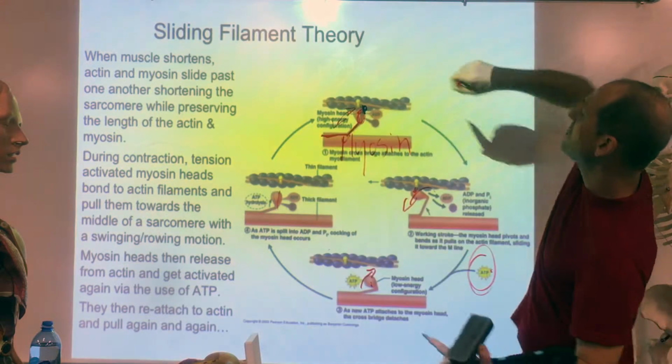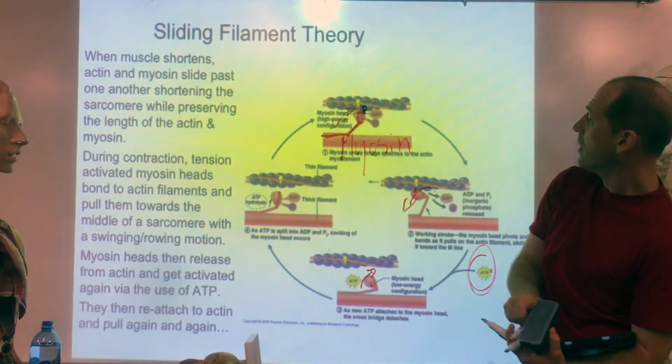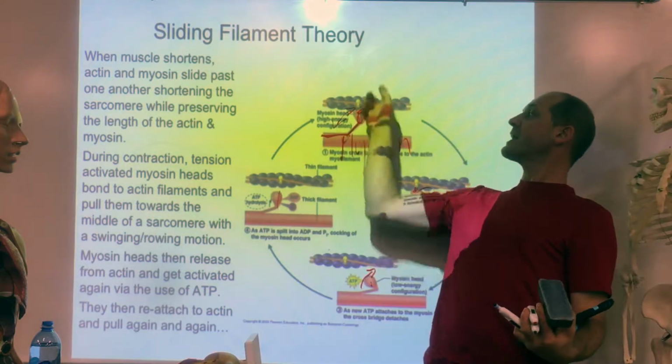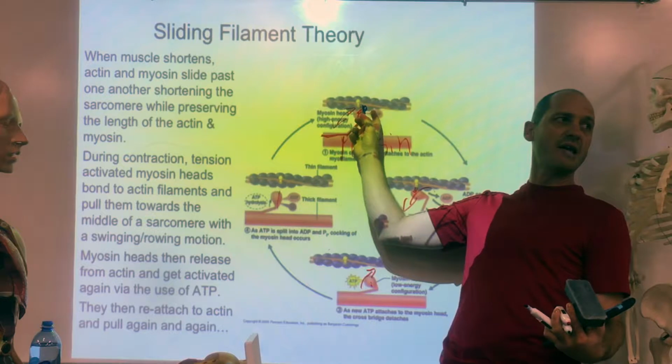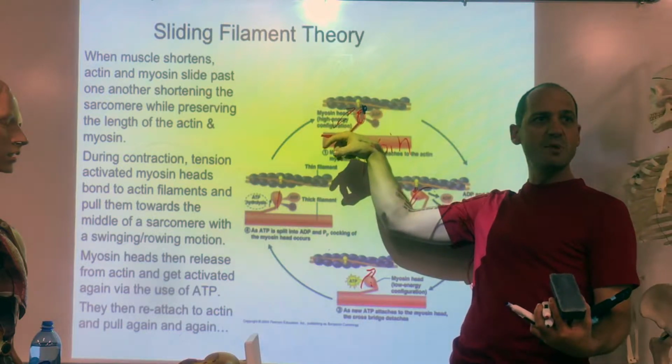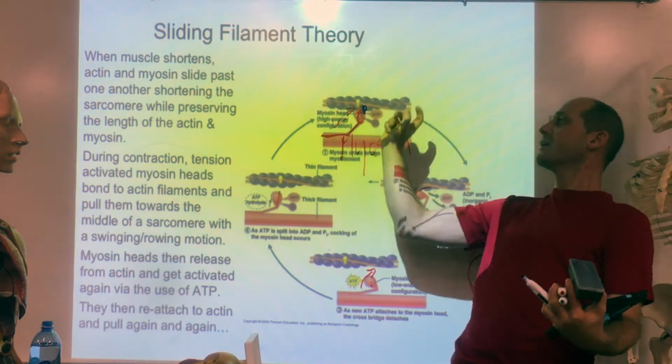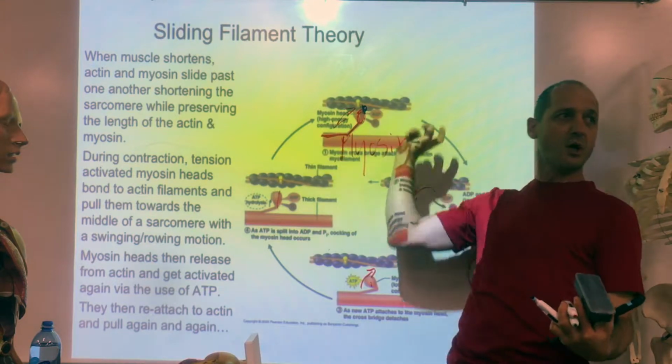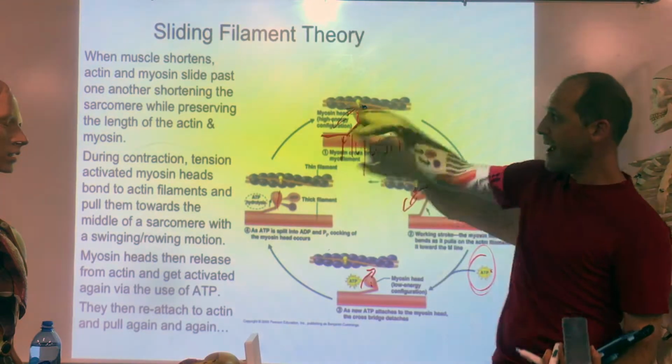And so you got this thing going on where the myosin head attaches to the active site on the actin, and the actin pulls on it, the ADP gets released, the new ATP comes in, it cocks it up, it goes back up, and it does this all the time. It goes in this circle, round and around.